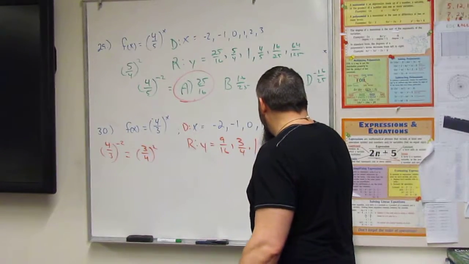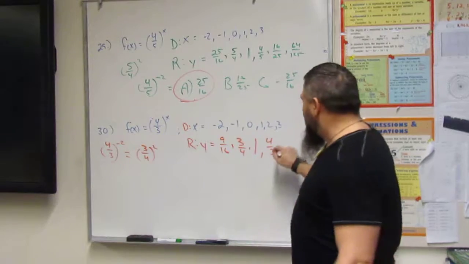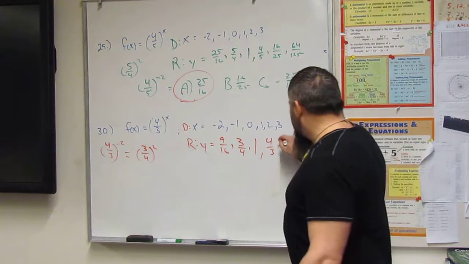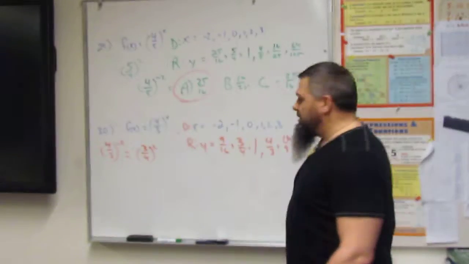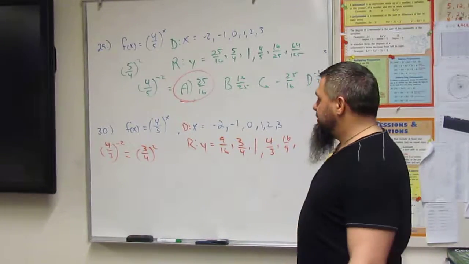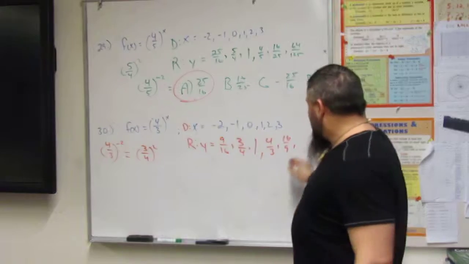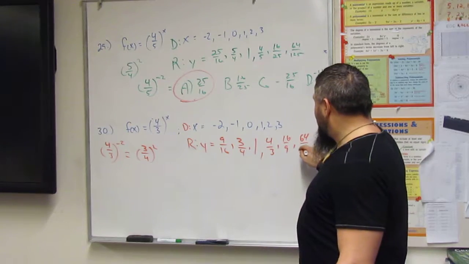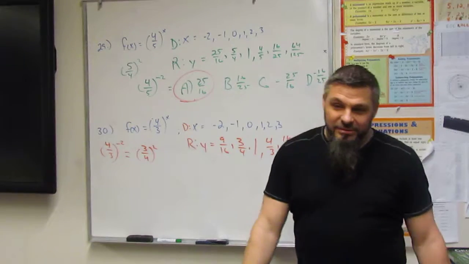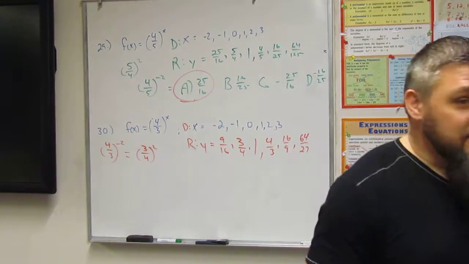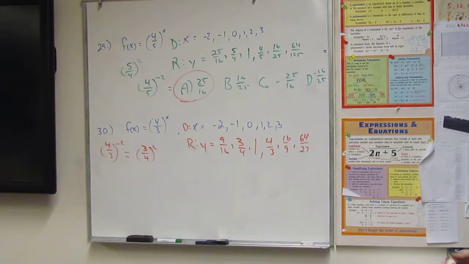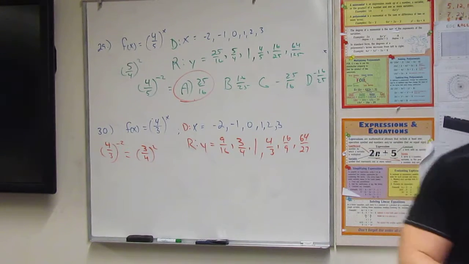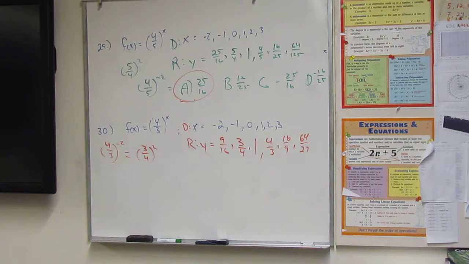Say no more. Okay, to the 2. 16 ninths. To the 3. 64 27ths. Okay? Just 3 times 9 and 4 times 16. Okay? That's it. Well, we got one more problem for the home.